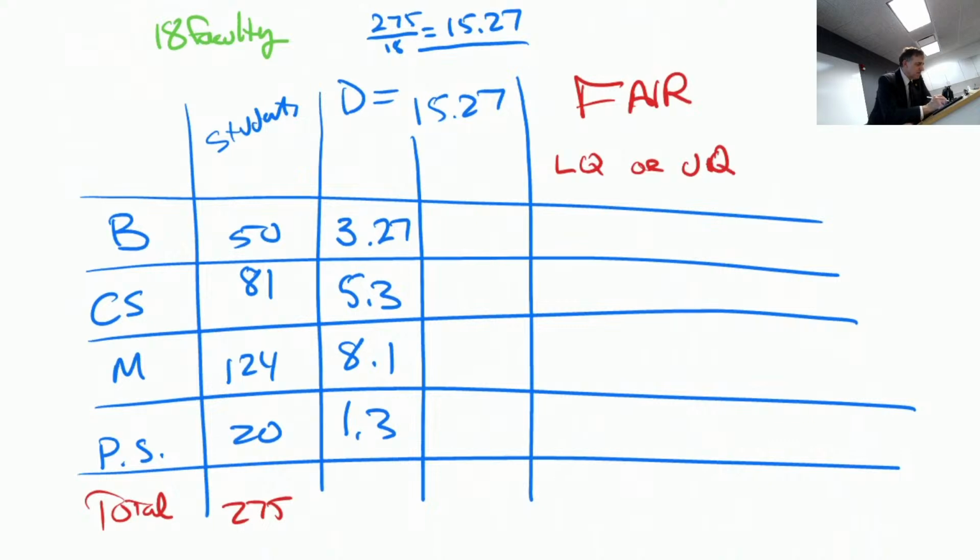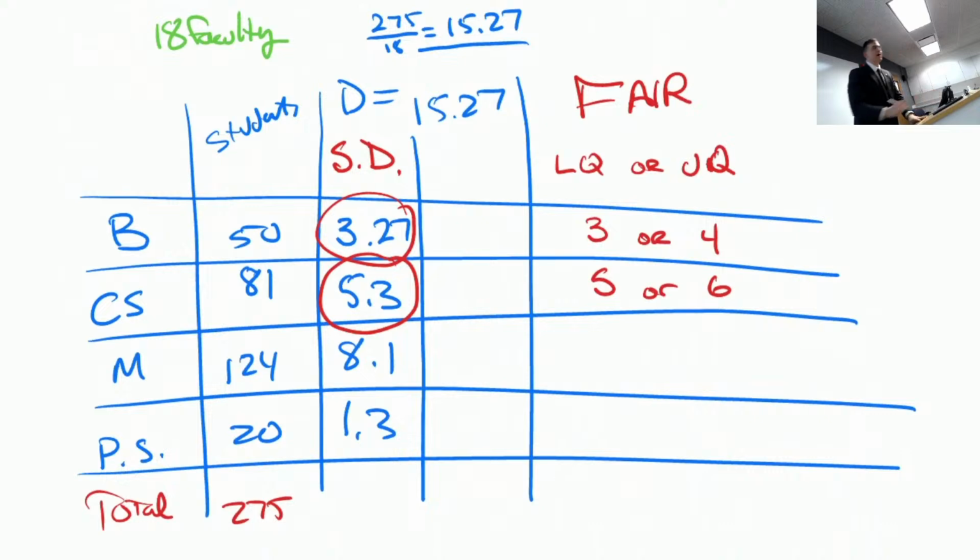So in this case, biology should only get either 3 or 4. They shouldn't get 5, they shouldn't get 2. It's either 3 or 4, not 5 or 2. Same thing with CS. CS should get either 5 or 6. Notice what I'm doing here is taking the standard divisor, which is what you get with Hamilton's method, or the standard quota, sorry.